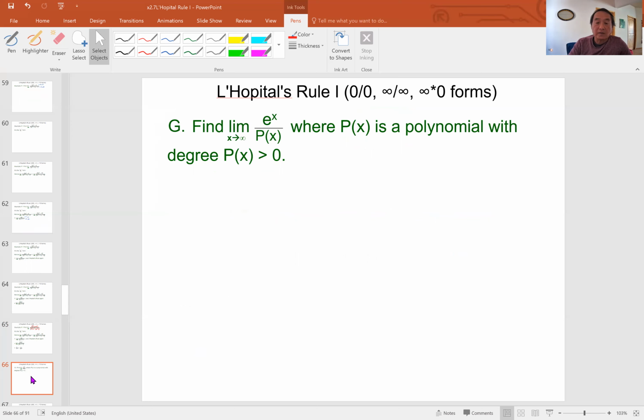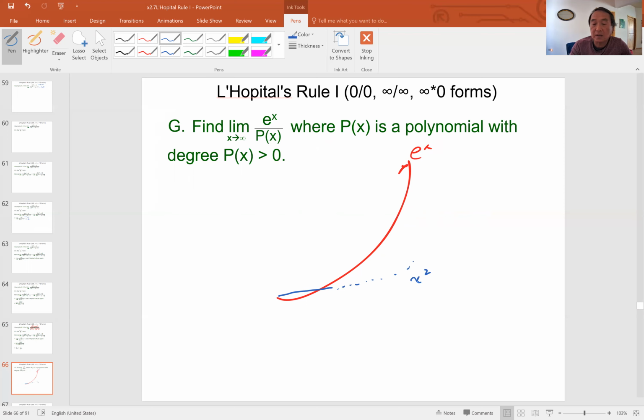When x goes to infinity and p of x down below is a polynomial, any polynomial, let's say here's e to the x and here's x squared. In other words, e to the x in relationship to x squared, e to the x takes off a lot faster. So the ratio blows up to infinity.